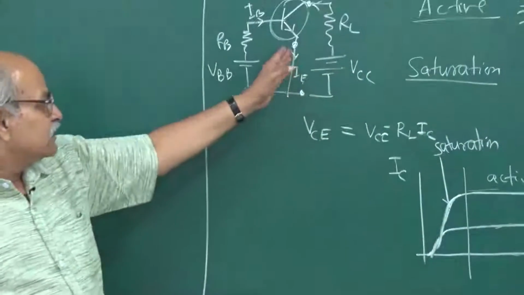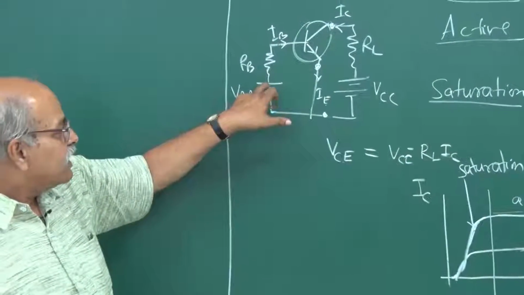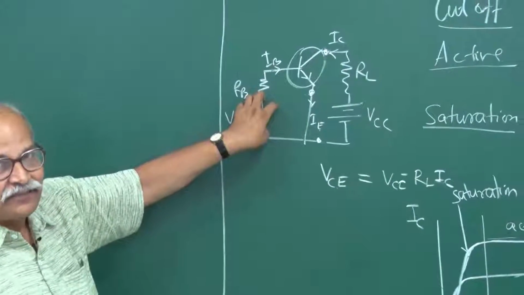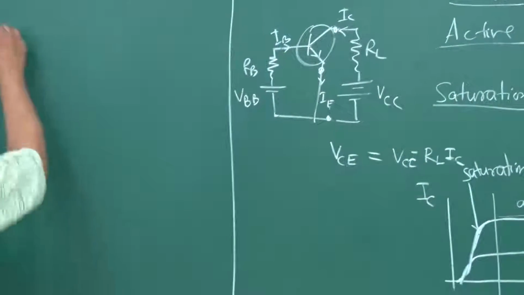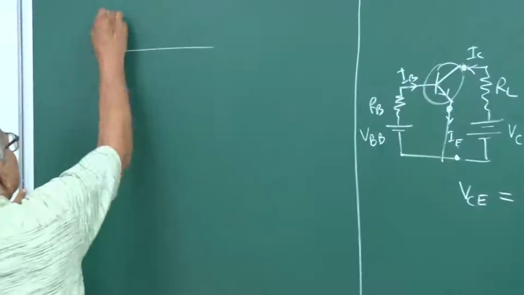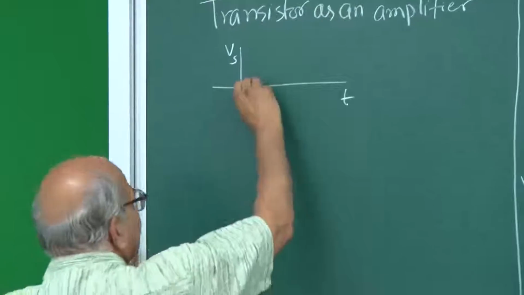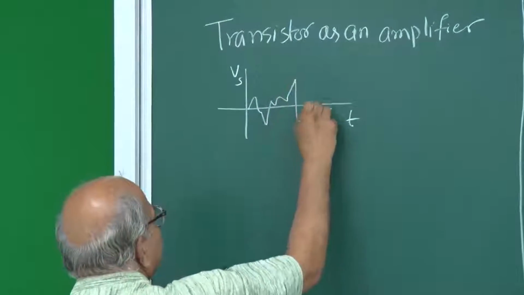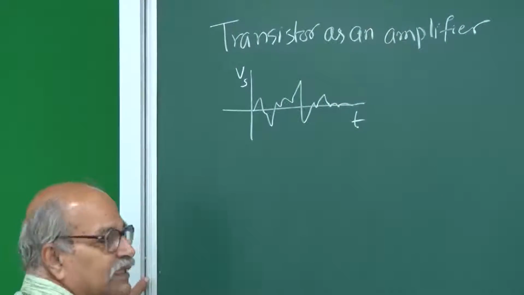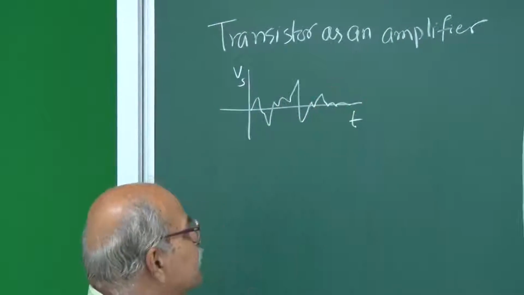All I have to do is that with this biasing, I have to add that voltage signal. So if you draw this voltage signal as a function of time, it could be some kind of a time varying signal.